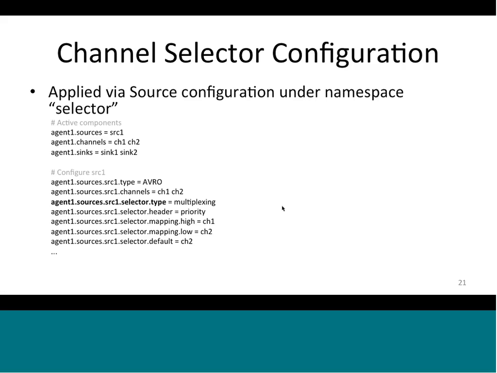Yeah, Praveen. One question. So this selector dot mapping dot high, right? So this mapping is the header. I mean, what do you say, kind of a variable or a value? No. Mapping is a keyword. Mapping is essentially saying this value for this guy, this value for this guy.